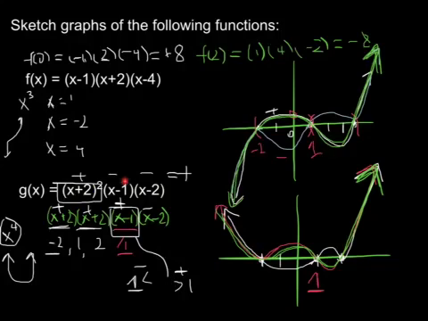And so while these factors will be negative for all those values, right, x minus 1 will always be negative when x is less than 1, and x minus 2 will always be negative when x is less than 2. These aren't going to change yet. I'm going to always have a positive times a negative up until I hit positive 1.